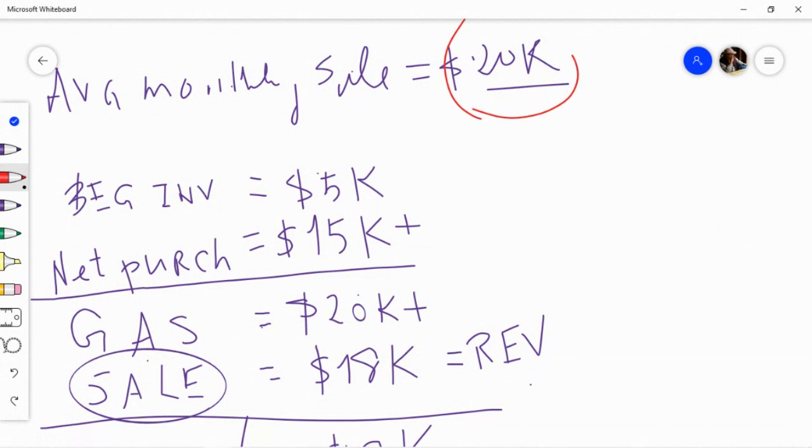But in a particular month, let's say somehow this month your sale wasn't 20K. Let's say it was 60K. Right? This month it was 60K.